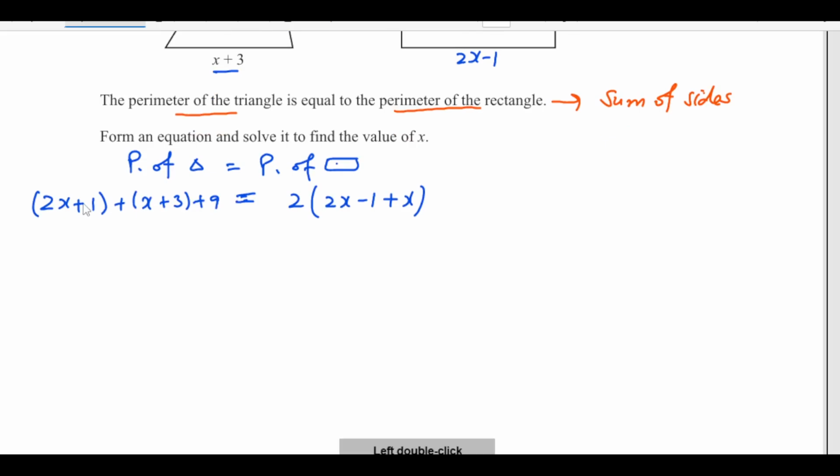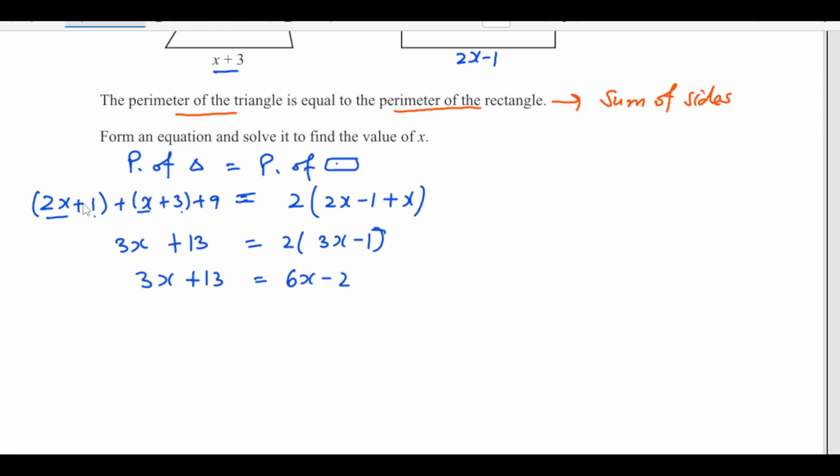If you combine the like terms here, 2x plus x is 3x, then 1 plus 3 is 4, 4 plus 9 is 13, equals 2 times 3x minus 1. Okay. So, 3x plus 13 equals 6x minus 2, right.